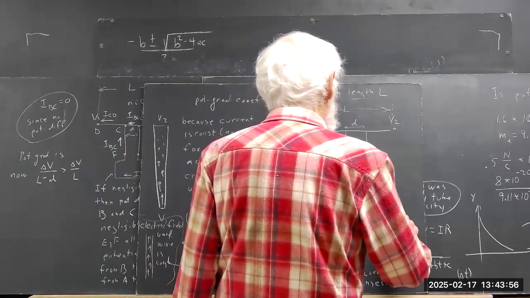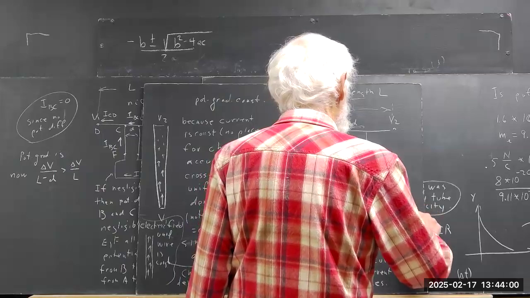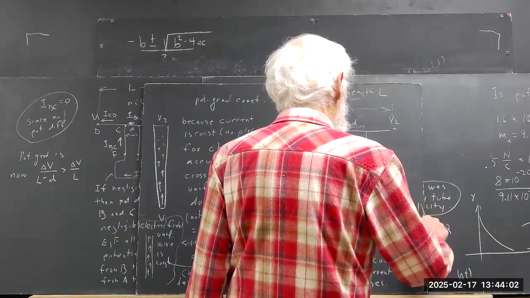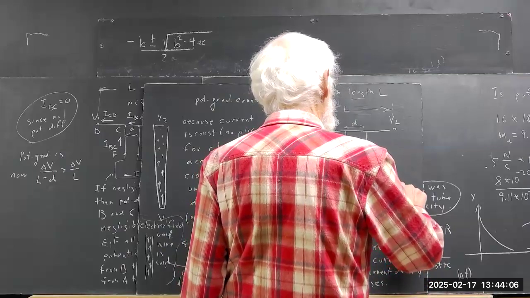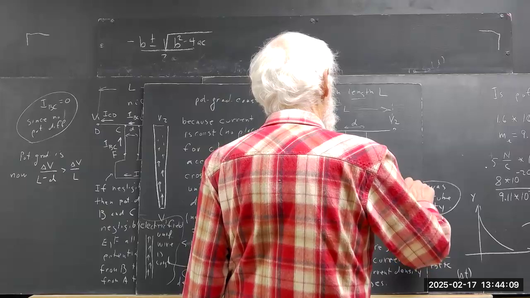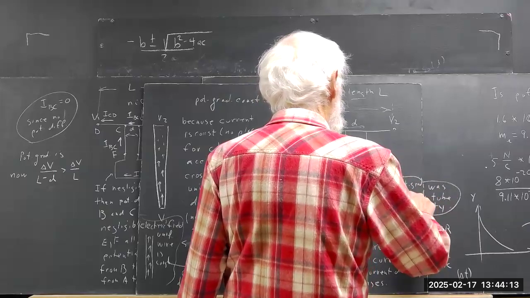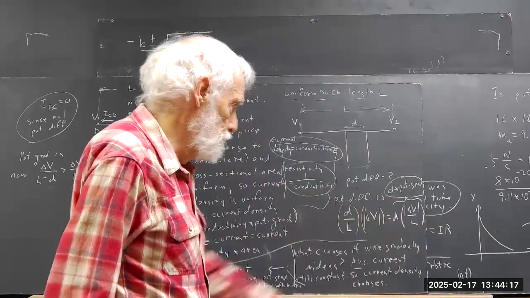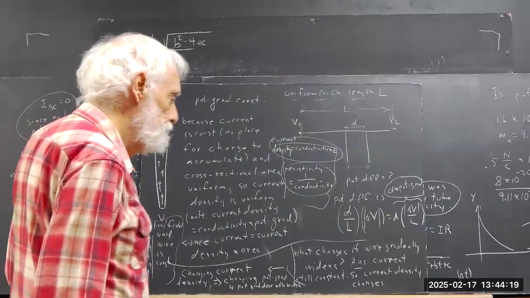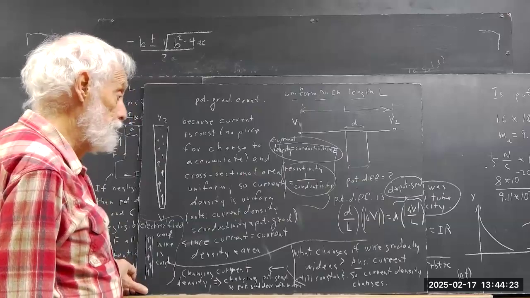I could have written this as D. Put this in the form D times the potential gradient. Okay. We're just doing proportionalities when we did this.